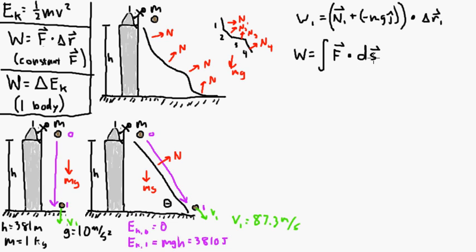This ds vector is what makes this whole thing tricky, and which is why even people who have a solid first-year calculus background still probably are going to have trouble with this, because this is a vector and it changes as you go. So this is what's called a path integral. I'm just going to write that down.